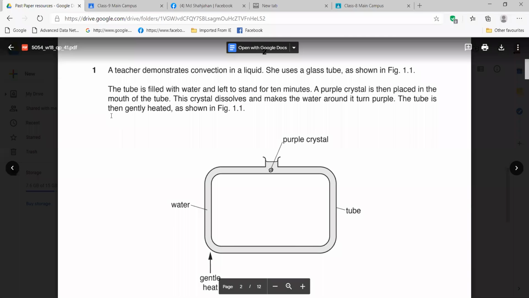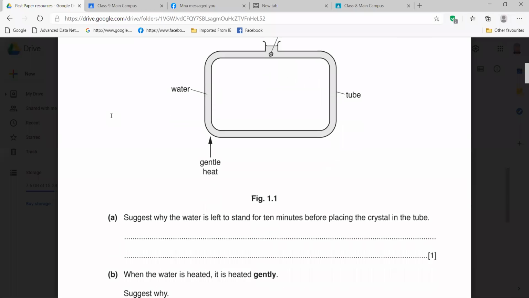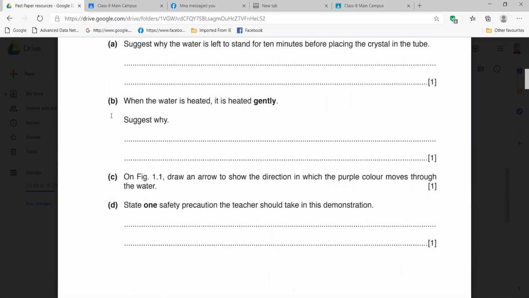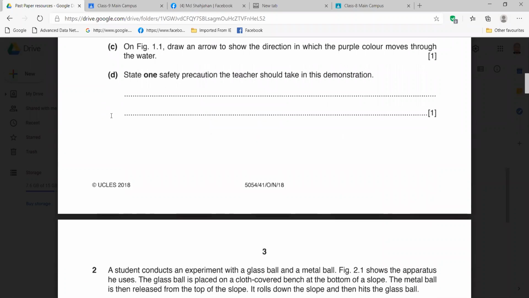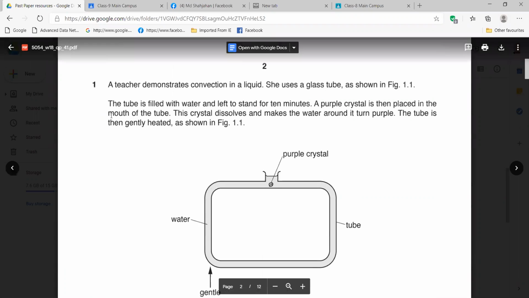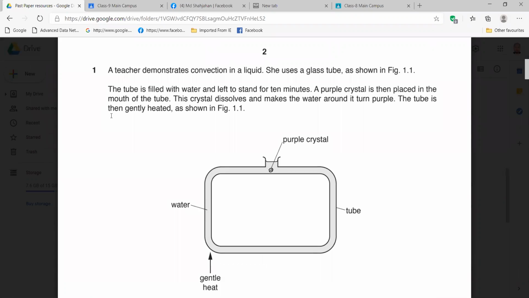Can you remember this one? Sir, I can remember. We did it. No, sir. I believe that before the final exams, we had revision classes, right? In that revision class, we did this type of thing. Did we?